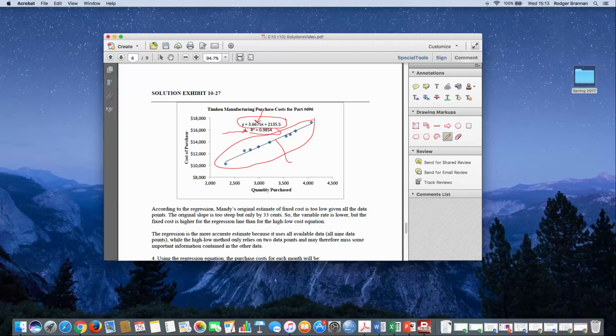Be able to interpret the results, that is the resulting cost equation, either by simply them giving it to you or be able to pull it off the spreadsheet. Again, if you have any questions about that, be sure to talk to me and I can explain that to you.